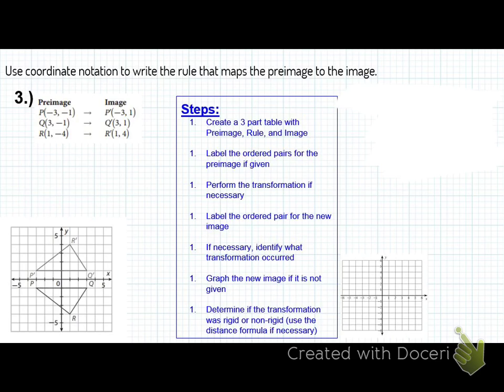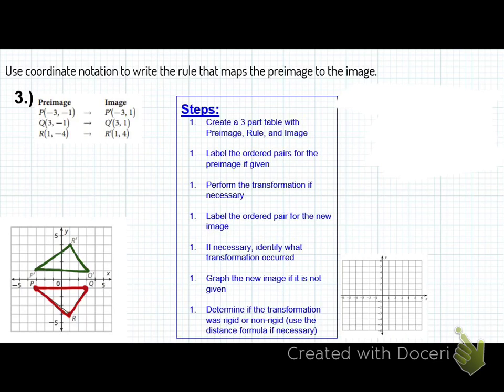The pre-image, we got -3, -1 for our P, and then we got 3, -1 for our Q, and 1, -3 here. And this is our pre-image, okay? And our image looks like this, okay?